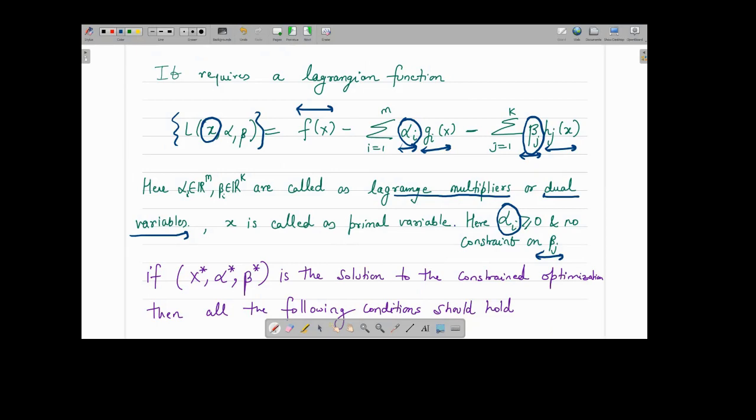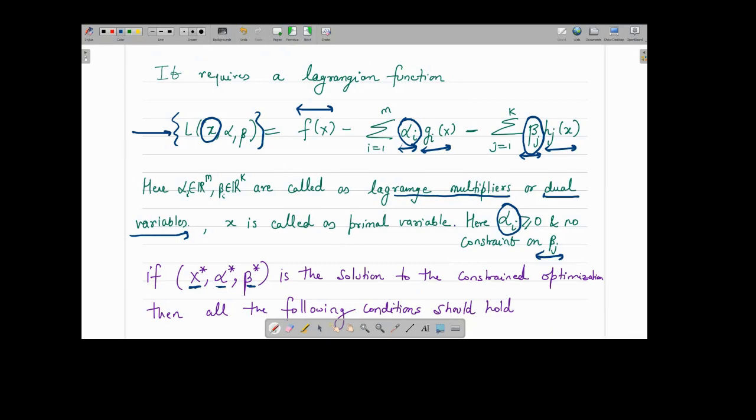Okay. So if the solution to this Lagrangian is, let us say, x star, alpha star, and beta star. So these are the solutions if you solve the optimization problem. Then there will be some conditions that this solution has to satisfy in order to be the solution for this particular Lagrange function. Okay. You cannot get any arbitrary solution. That solution has to satisfy some constraints to be the solution of the objective function, which is the Lagrangian here, and which is the main objective function you want to solve for.